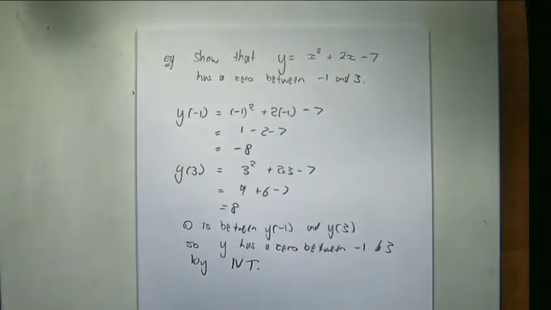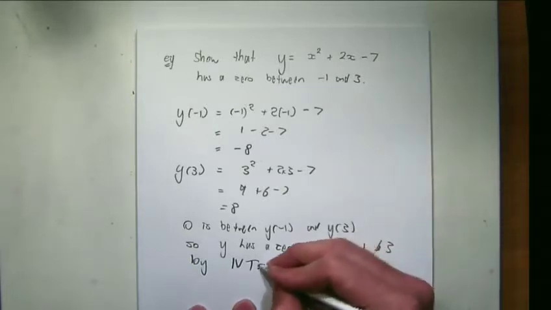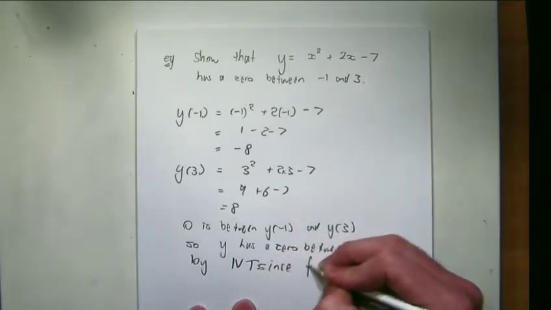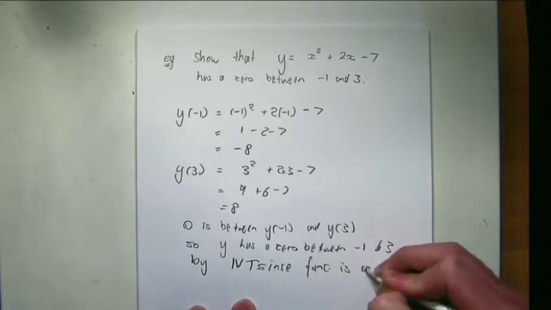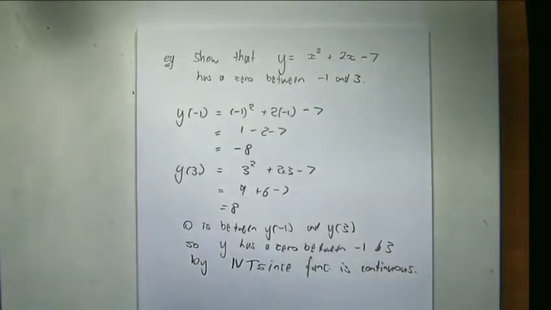If you're just asked to show that something has a 0 between some point and another, it's a clue that you should use the intermediate value theorem, because all you need to know is that it's negative at one end and positive at the other end, and since the function is continuous, the intermediate value theorem tells me that it must pass through every number between -8 and +8, and 0 is one of those numbers.